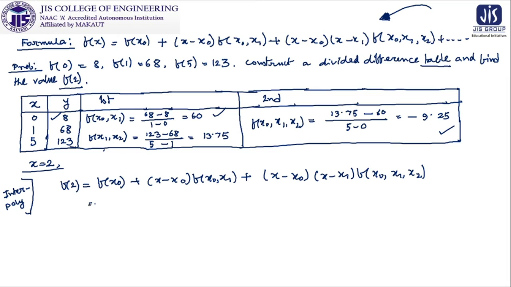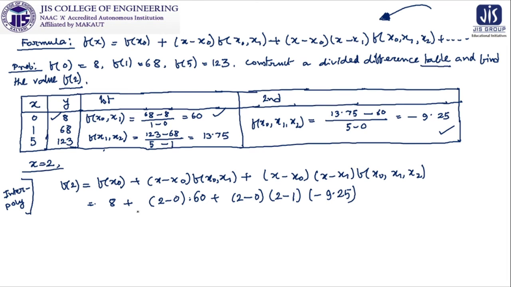After that we know all the values: f of x0, that is 8, plus 2 minus 0 times f of x0 x1, that is 60, plus 2 minus 0, then 2 minus 1, then minus 9.25.